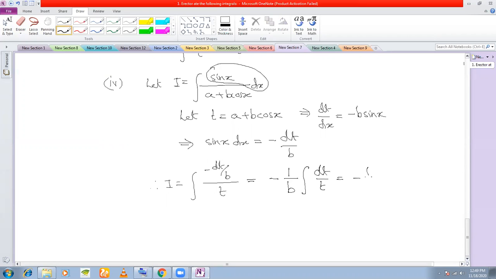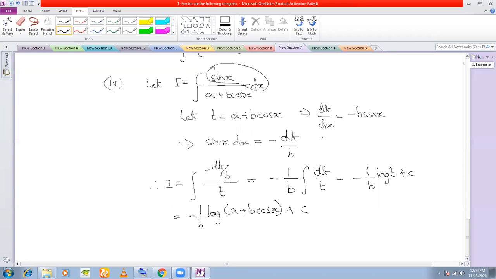So you get minus 1 by b log t plus c. What is t? t is a plus b cos x. So you get minus 1 by b log of a plus b cos x plus c. This is your answer. So these were four important integrals.